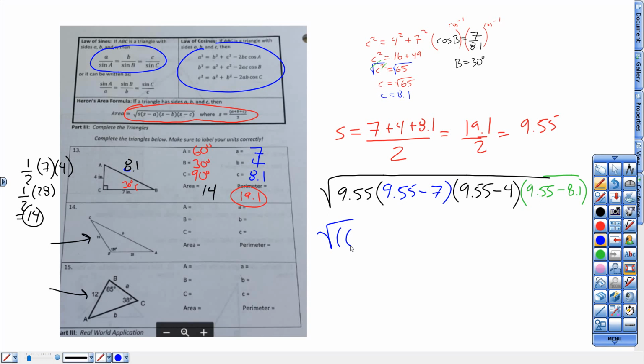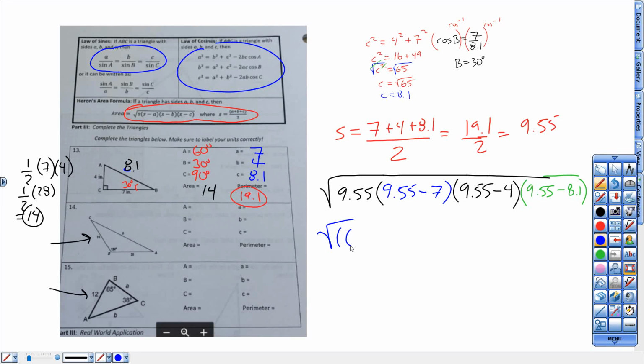Double parentheses. This one is the other way. So we can clear this one. Wait, so square root, double parentheses, hit 9.55, close that one parenthesis, and then open up one, and do the 9.55 minus 7, close it, open another one, 9.55 minus 4, close it, open another one, 9.55 minus 8.1, and then 2, close parentheses.